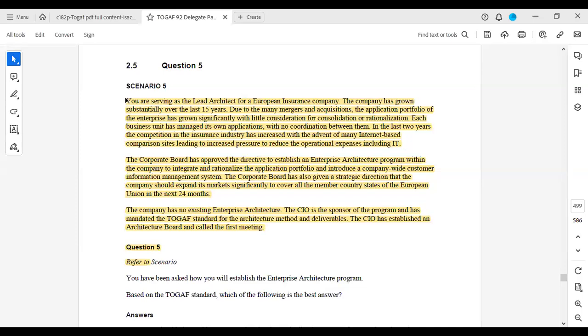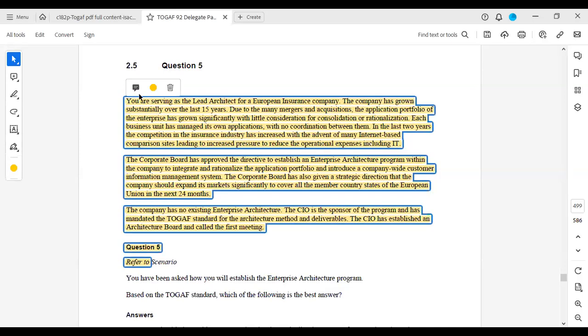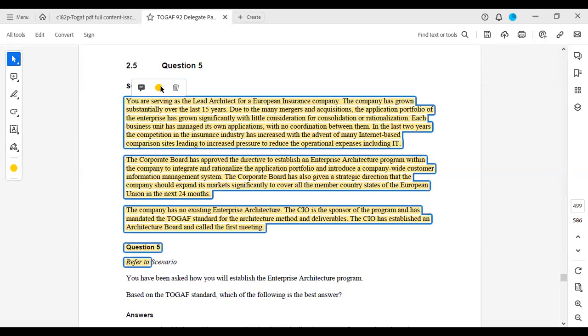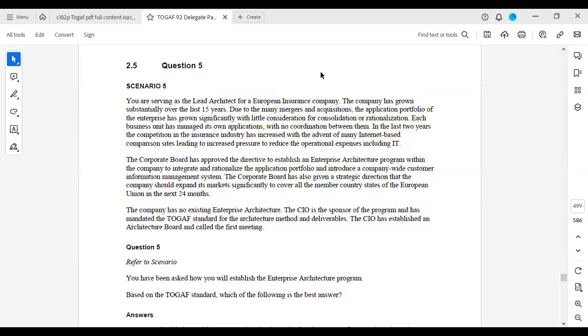In the last 5 years, competition in the industry has clearly increased pressure to reduce operational exposures. Corporate has approved a directive to establish an enterprise architecture program.